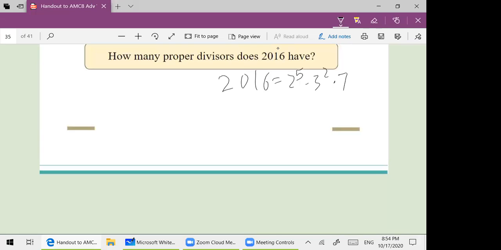Using this, there's 6 times 3 times 2 equals 36 divisors of 2016, but it's proper divisors. So 2016 itself doesn't count, so there's 35 of them.